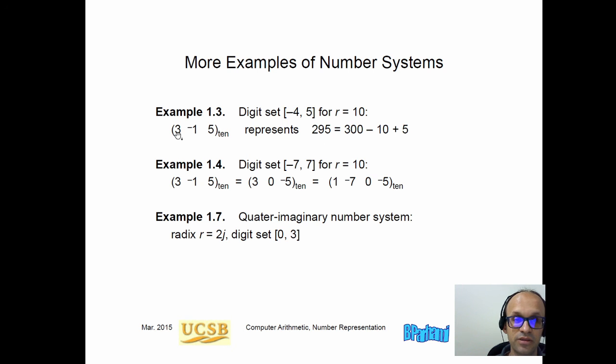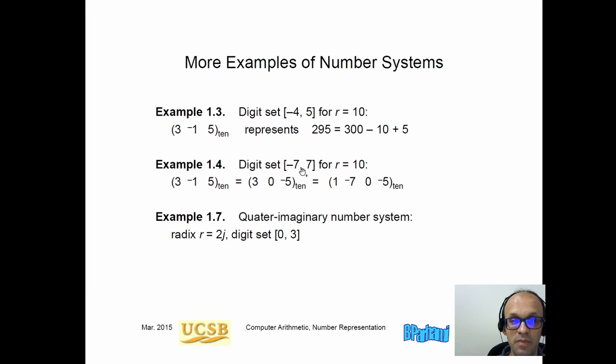Why? Because this is 3 times 10 squared plus minus 1 times 10 plus 5. So 300 minus 10 plus 5 is equal to 295.